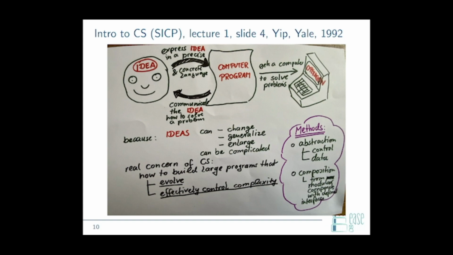Expressing that idea in a precise and concrete language, which is a computer program, which has a precise semantics and gets the computer to solve problems by making the instructions of the computer program operational.